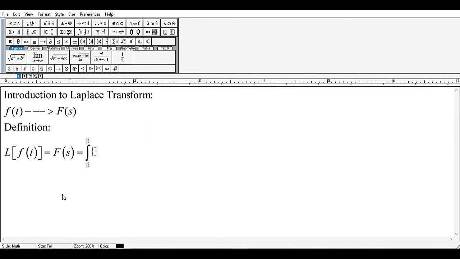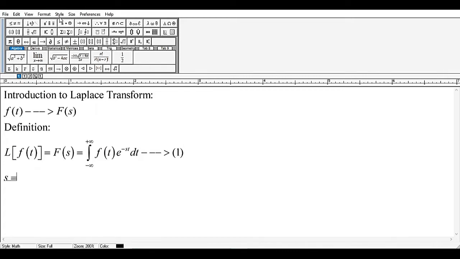It is equal to the integration from minus infinity to plus infinity of f(t) e to the power minus st dt. Let us call it equation number 1.